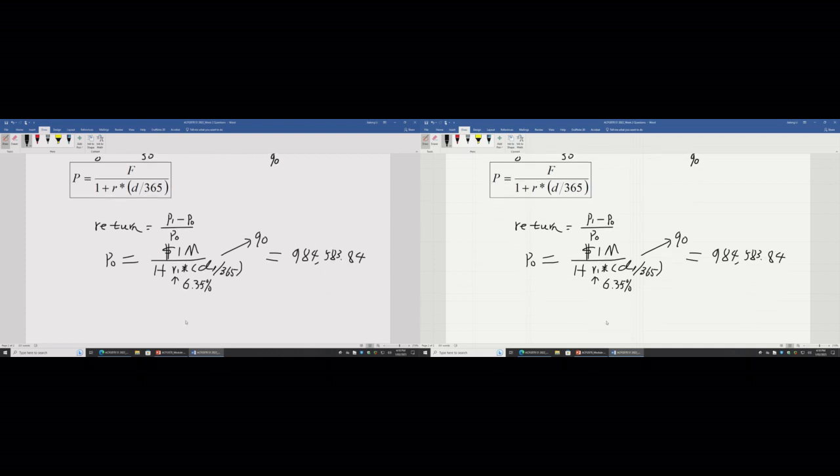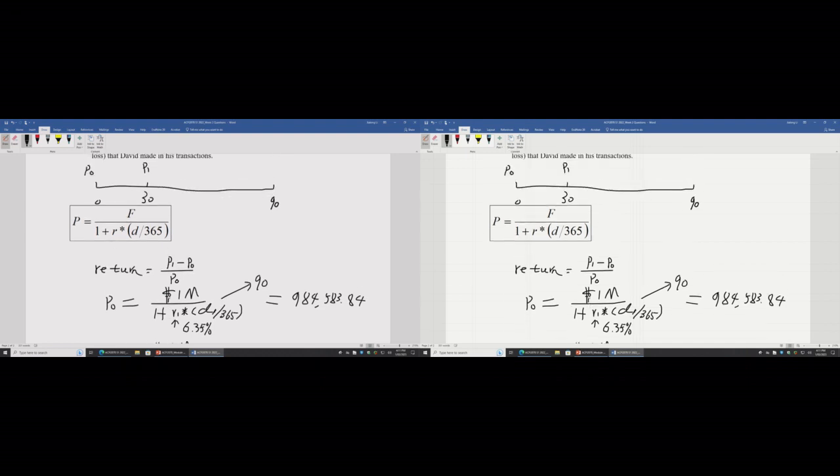And next is P1. The price is always determined by this equation. Okay, so still face value $1 million. So face value will not be changed. It's written in the contract. Okay, you are sure to get $1 million at the maturity. And then 1 plus, now at 30 days later, the market yield is actually different.